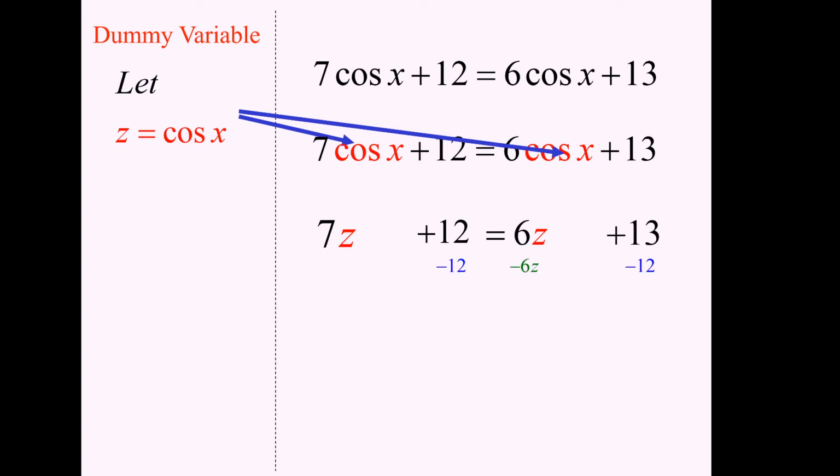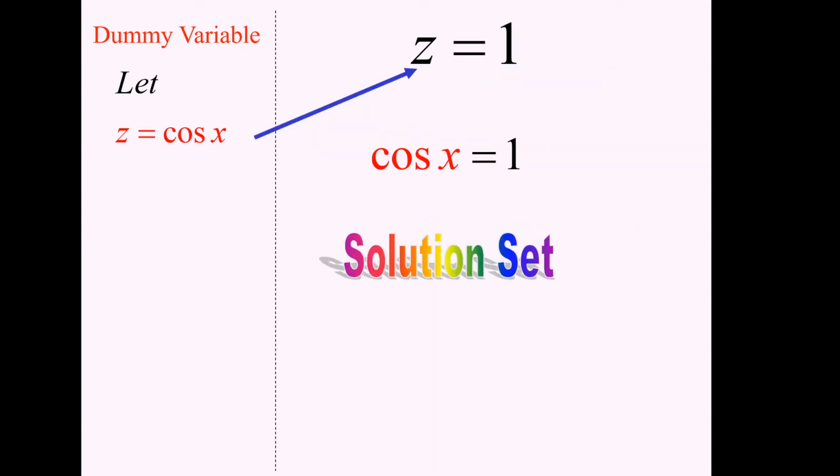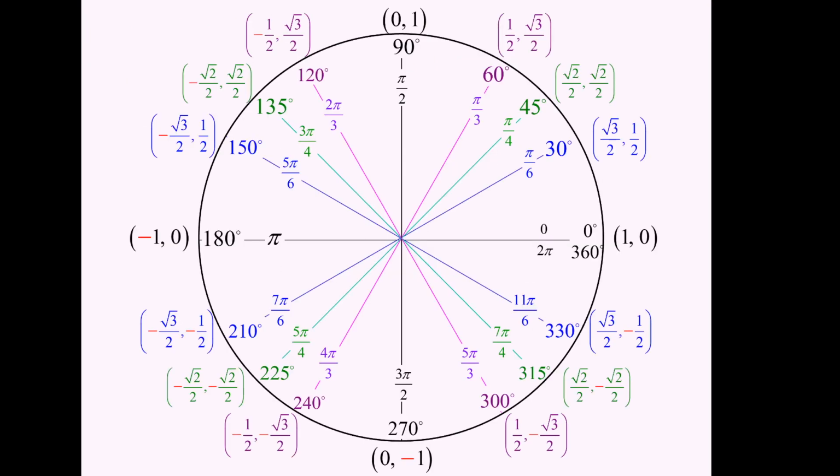Linear, so bring 7z and 6z together, and we have z equals 1. Once again, we unsubstitute and find the inverse cosine of 1. According to the unit circle, it's located right between quadrant 1 and quadrant 4, so the angle there is 0 radians.